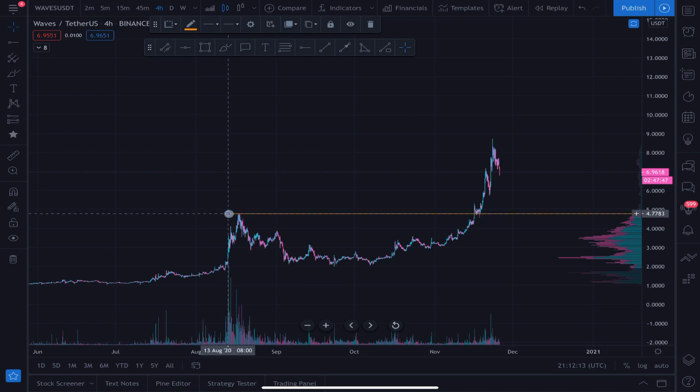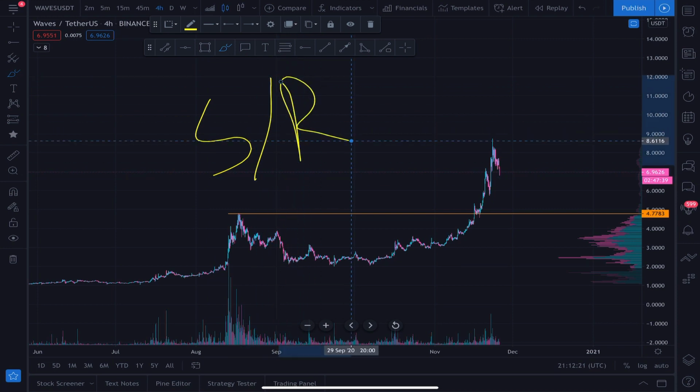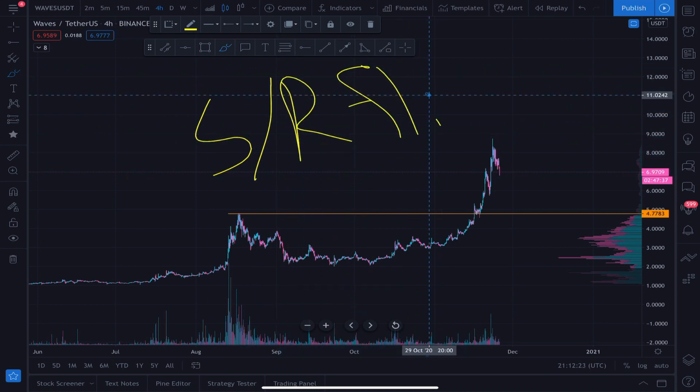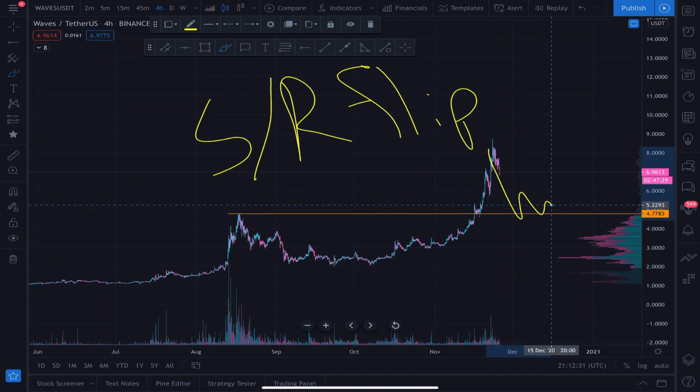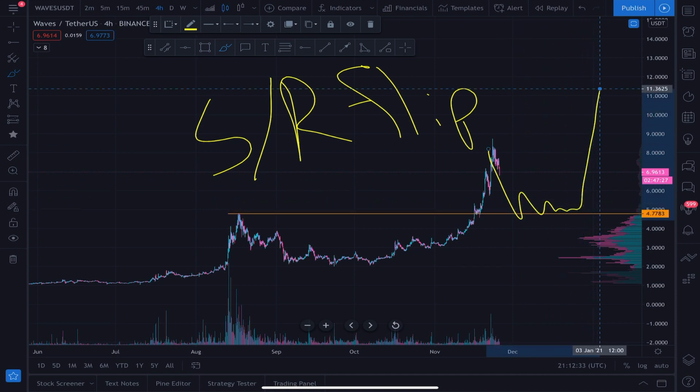That represents support a little bit better. So if you go to the candle body close here, this is the SR flip, support/resistance flip. So worst case scenario is we got to come back down here and consolidate before heading back up. That's what I'm seeing inside of Waves.